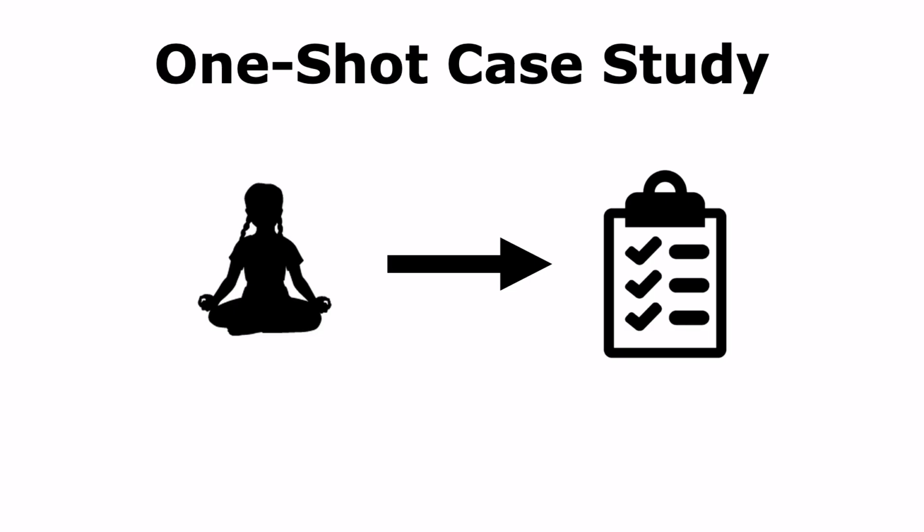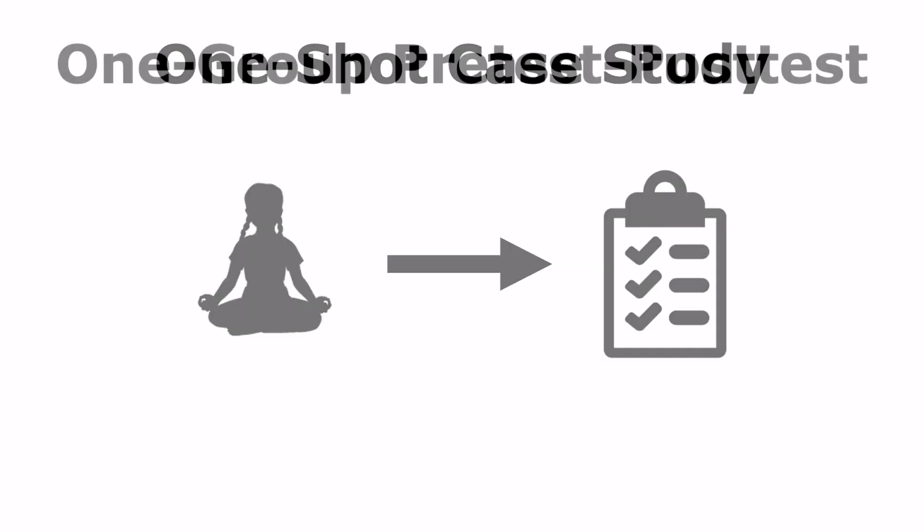It could be the use of a phonics-based curriculum over one that might include other angles or approaches. But whenever you see the child sitting, that is the treatment. So in a one-shot case study, you introduce the treatment and then you make observations about it.